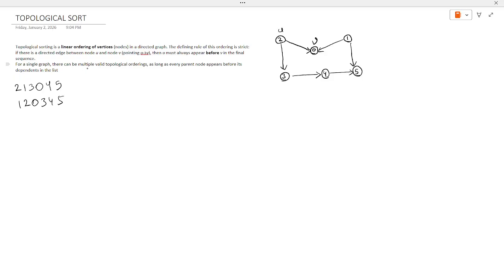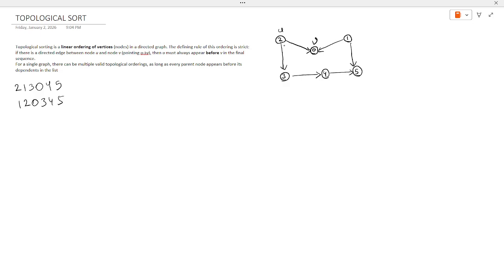Okay, so for a single graph, there can be multiple valid topological orderings as long as every parent node appears before its dependents in the list. So topological sort basically says that for a directed graph, every parent node should appear before all of its child nodes.